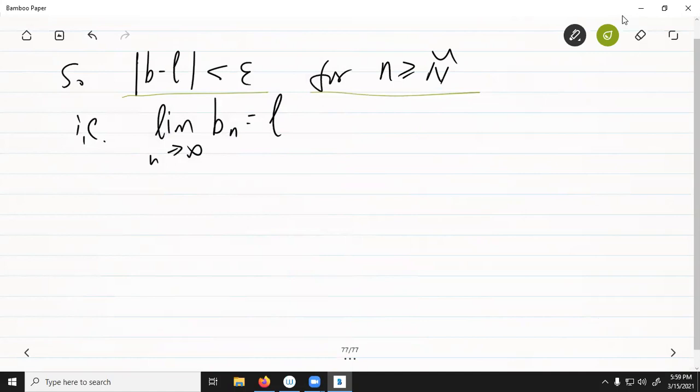That is the exact definition for the limit of a sequence. Okay, so we finished the proof for this part.